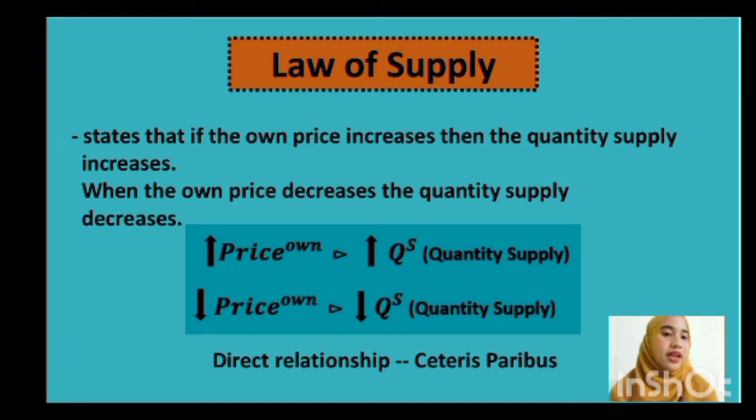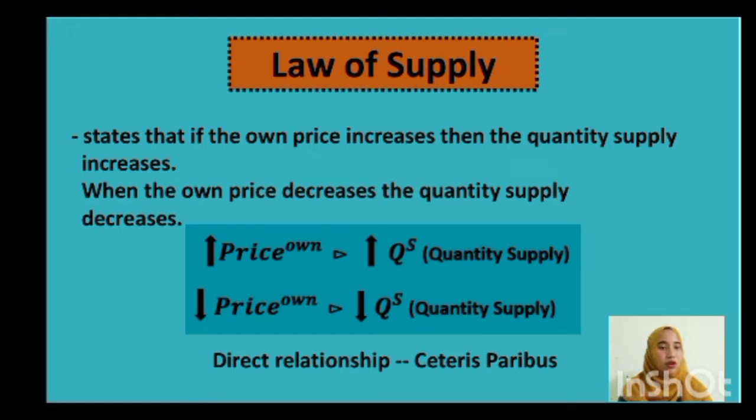So there is a direct relationship. There will be no inverse relationship with that. If one factor increases, the other factor also increases. So always remember that the relationship of the own price and quantity supply will be a direct relationship.